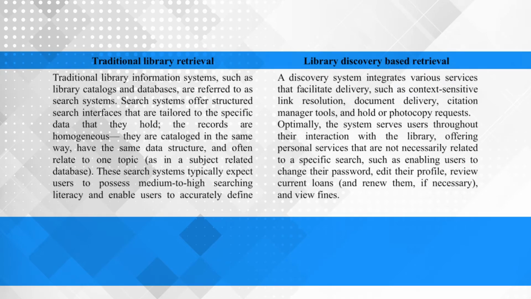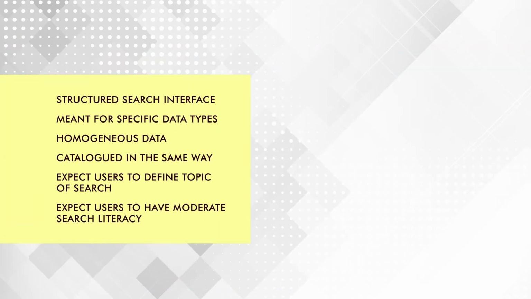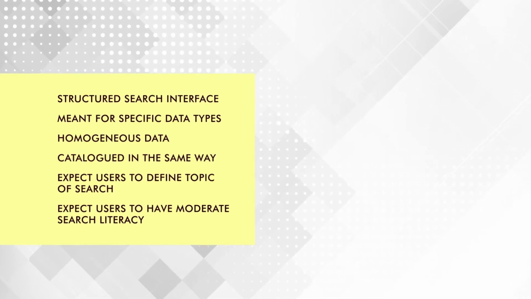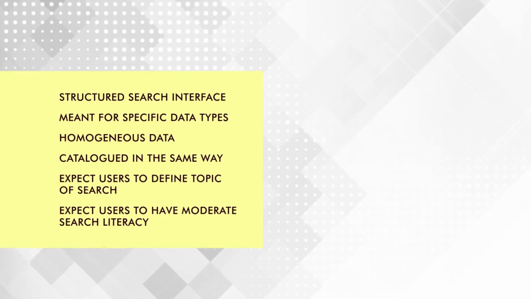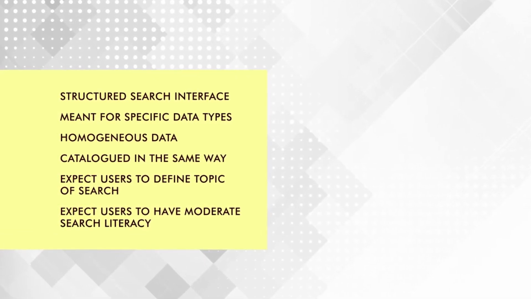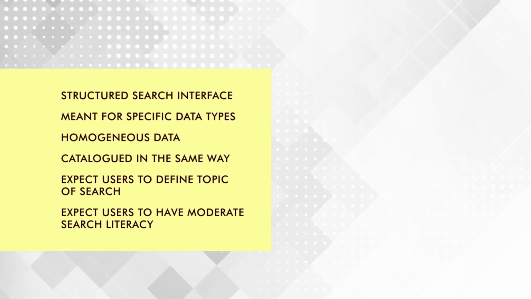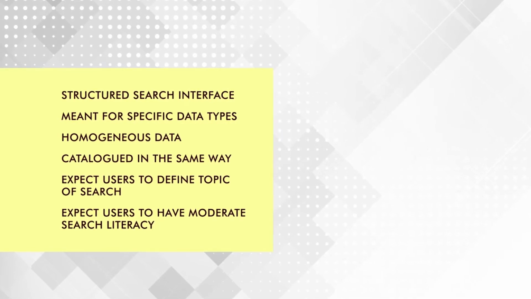Typically, a library OPAC is a search system which provides a structured search interface like novice user search or advanced user search meant for a specific data type. So, we are dealing with only bibliographic data, not many other heterogeneous data systems like geological data, geographical data or cultural data. So, the data set is almost homogeneous in nature.